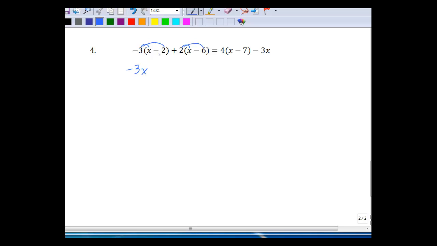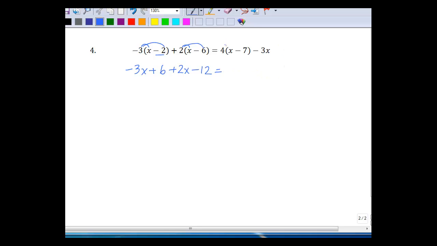And then when I do negative 3, I'm thinking of this as a negative 2 here. So negative 3 times negative 2 is positive 6. Then I'm thinking of this as positive 2x. And then positive 2 times negative 6 is minus 12. So I have negative 3x plus 6 plus 2x minus 12.